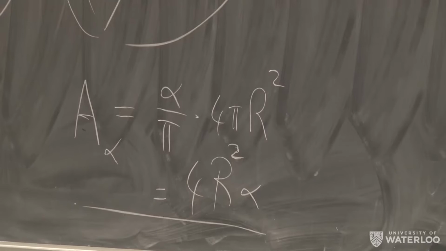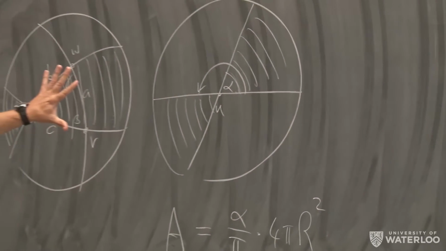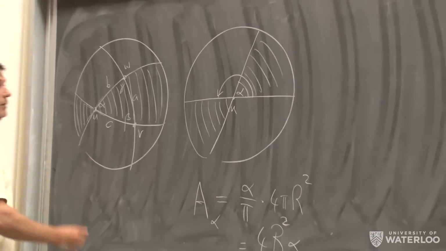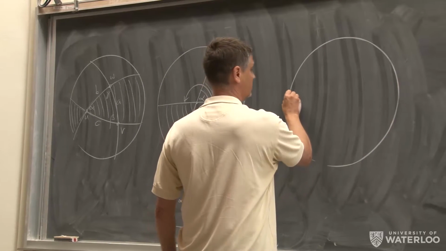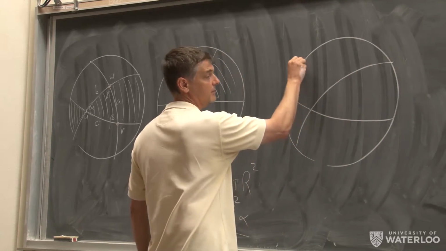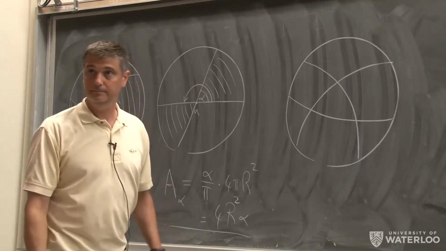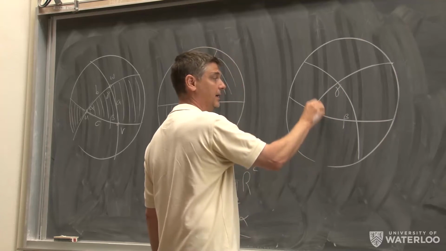To get a formula for the area of the triangle, we consider all three wedges. There's an alpha wedge, there's a beta wedge. Maybe I'll draw the picture again. Okay, so we've got a spherical triangle made up of three great circles, making three angles, alpha, beta, gamma.